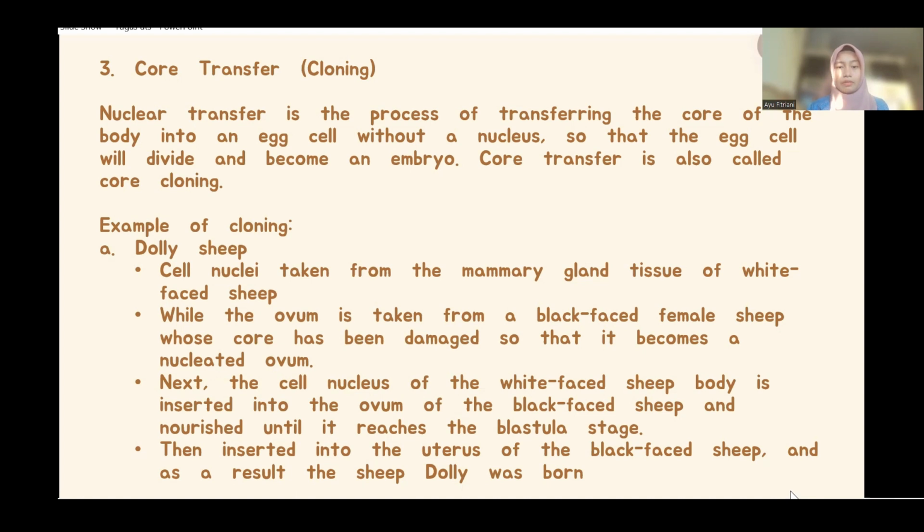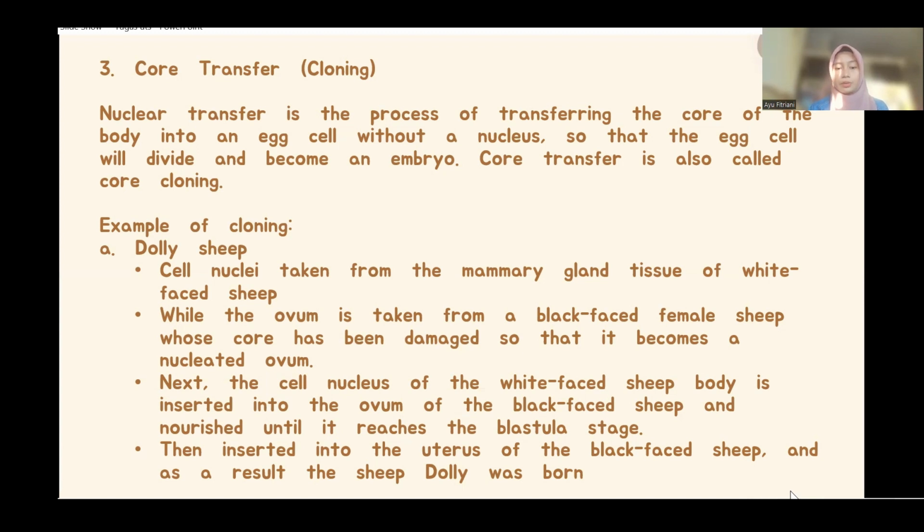Cell nuclei were taken from the mammary gland tissue of a white-faced sheep, while the ovum is taken from a black-faced female sheep whose core has been damaged so that it becomes a nucleus-free ovum. Next, the cell nucleus of the white-faced sheep body is inserted into the ovum of the black-faced sheep and nurtured until it reaches the blastula stage.